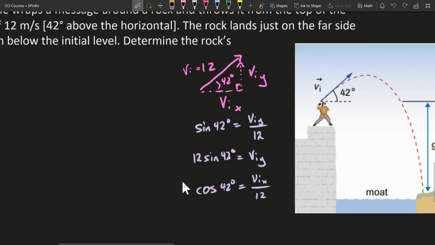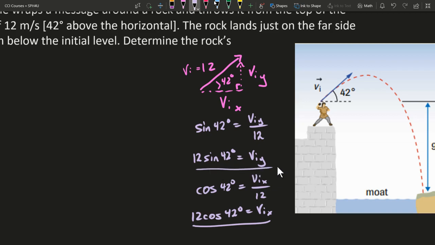And now if I multiply my 12 over, I'm going to get 12 cosine 42 equals initial velocity x. This is now my initial vertical velocity, and this is my initial horizontal velocity.